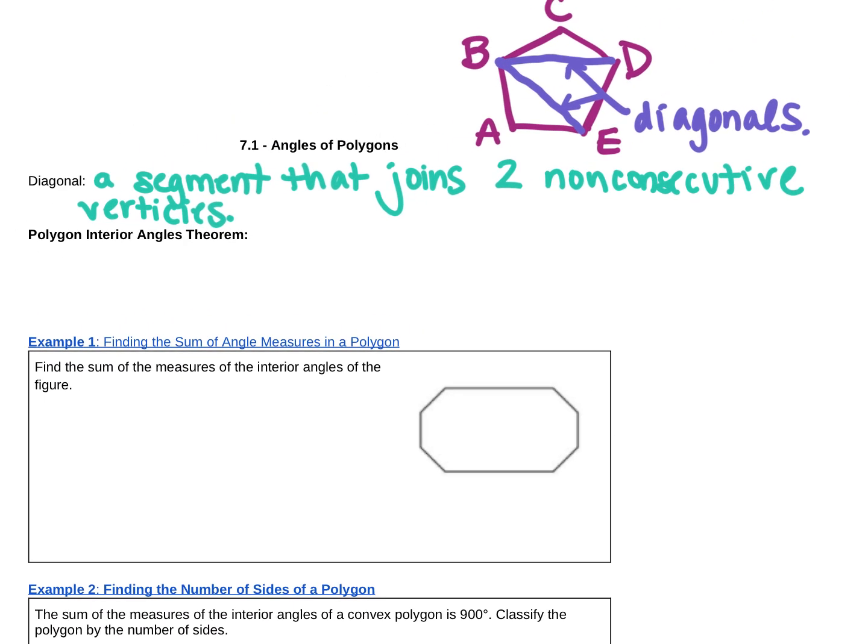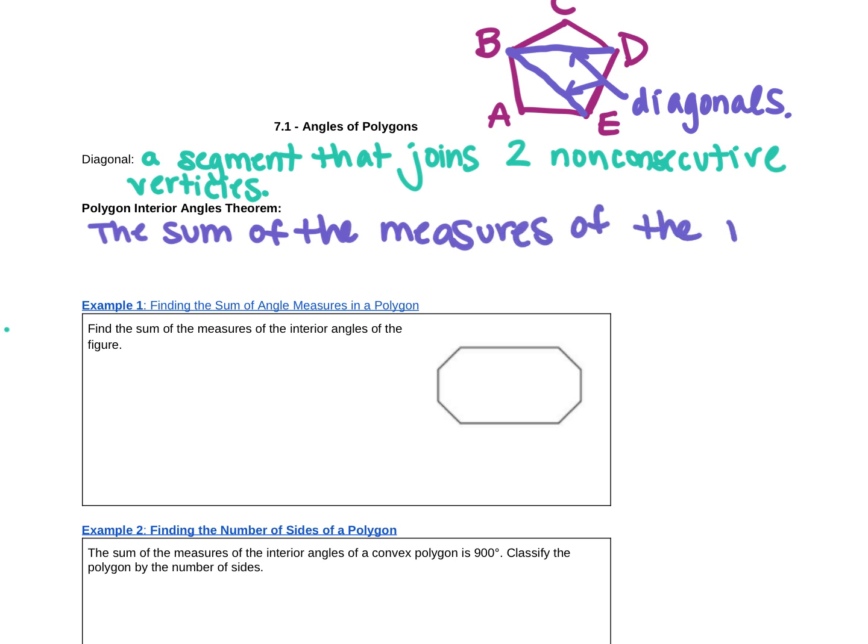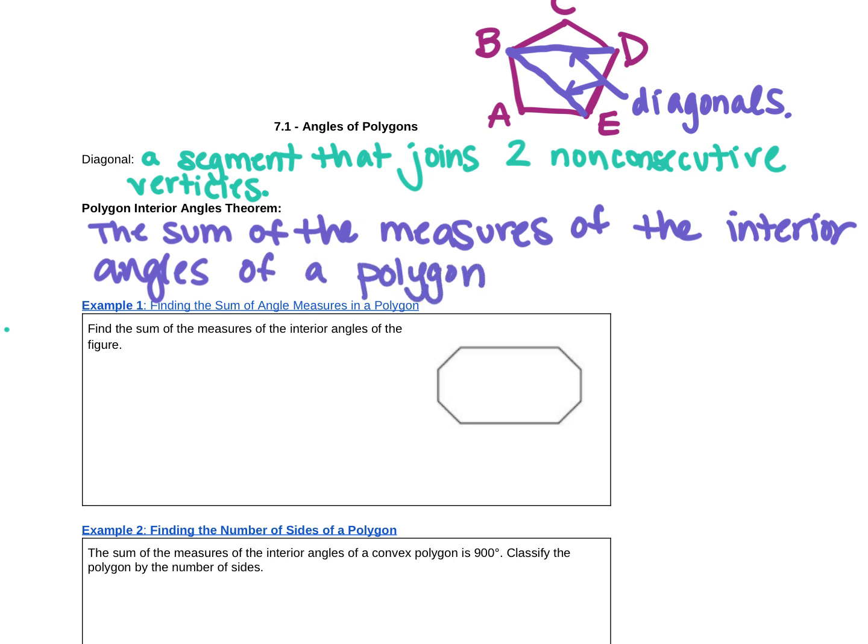Okay. This is the big theorem we're dealing with today. We would say the sum of the measures of the interior angles of a polygon can be created by this formula here.